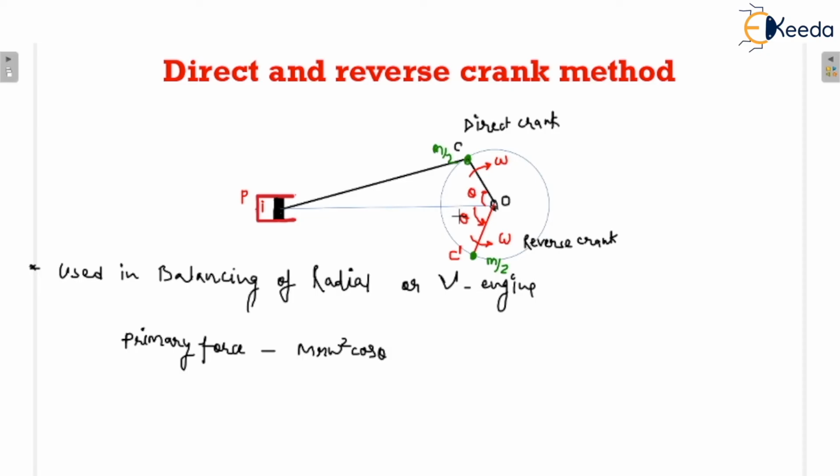Now we are discussing the primary forces. There is a direct crank which has the total mass m, and we have divided this mass into two parts. The first half is taken by the direct crank and the second half is taken by the reverse crank.